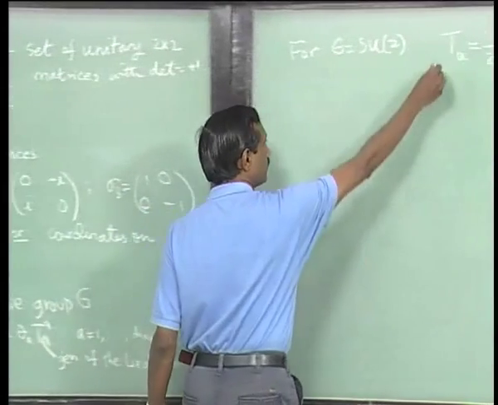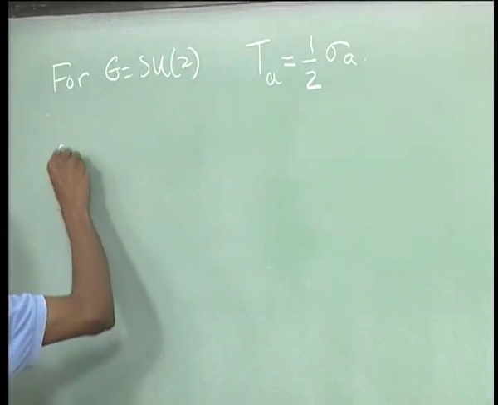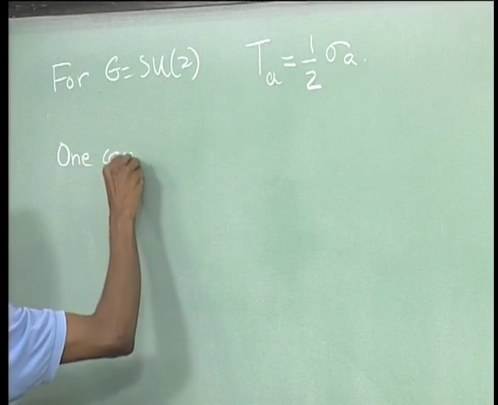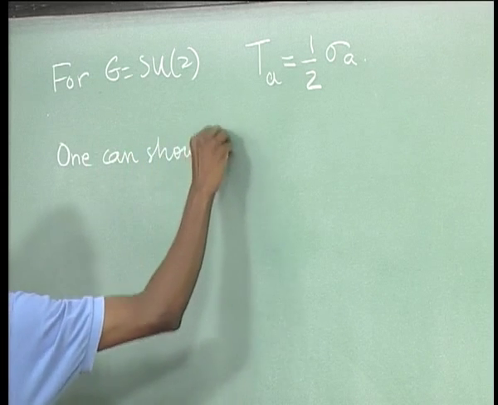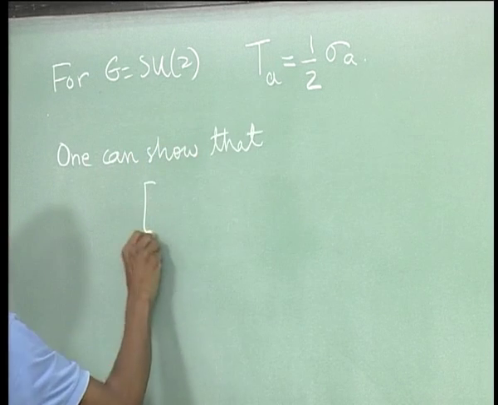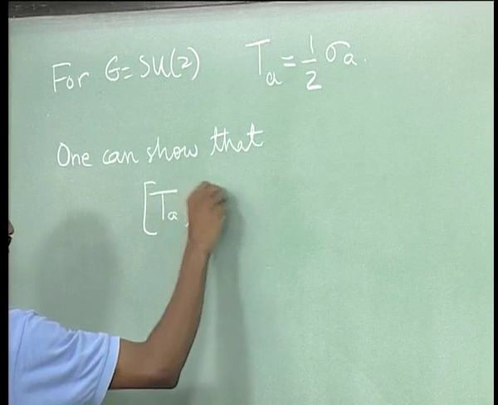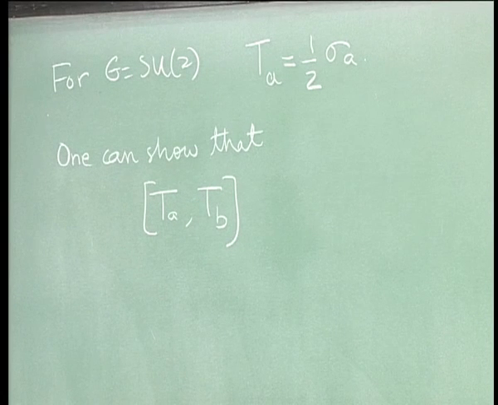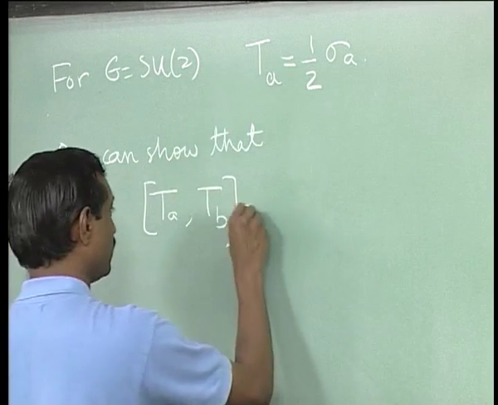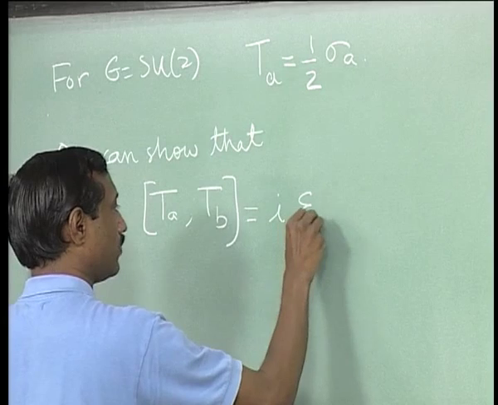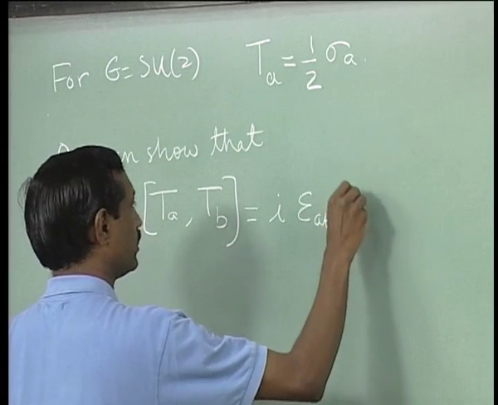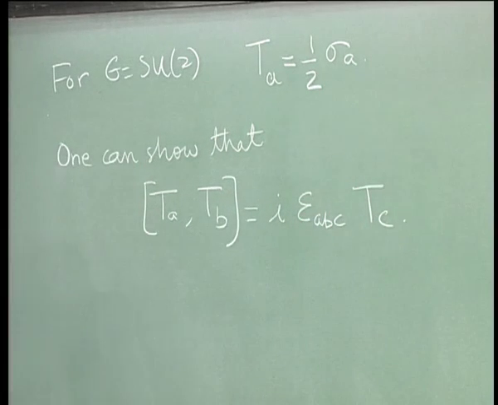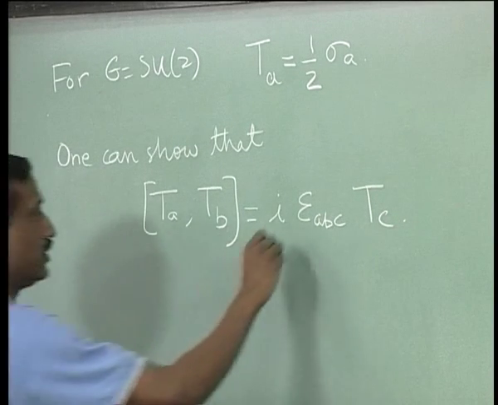And one can show that the Lie bracket, which in this case, once you write it in terms of matrices, is nothing but the commutator, of these is equal to i epsilon^{ABC} T_C. And this is an example of the structure constants.